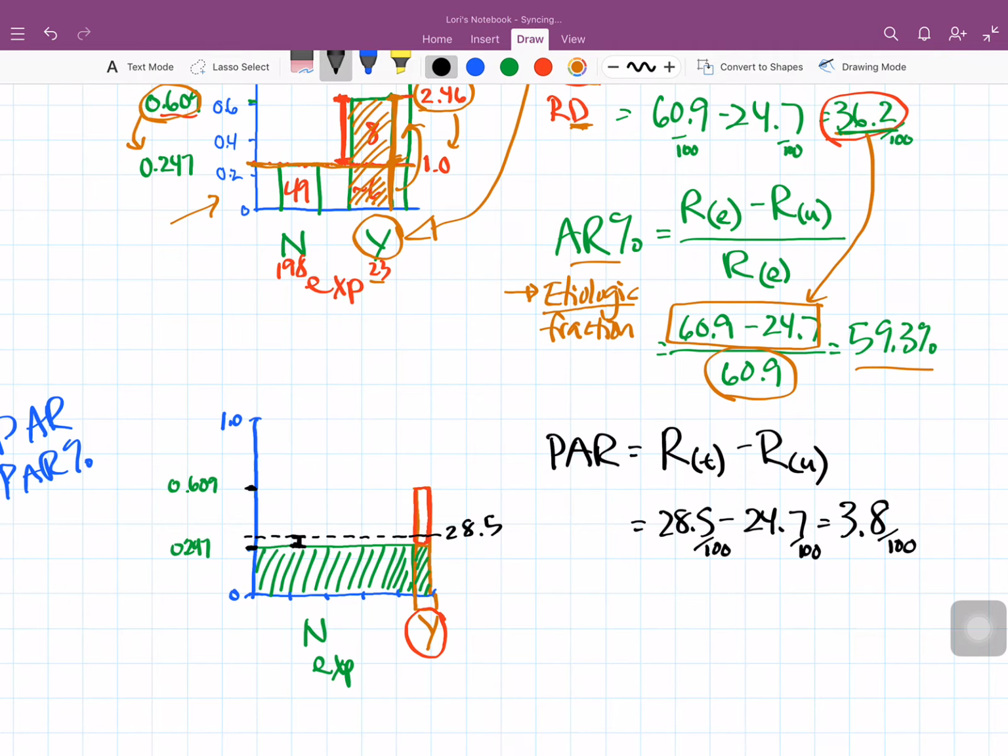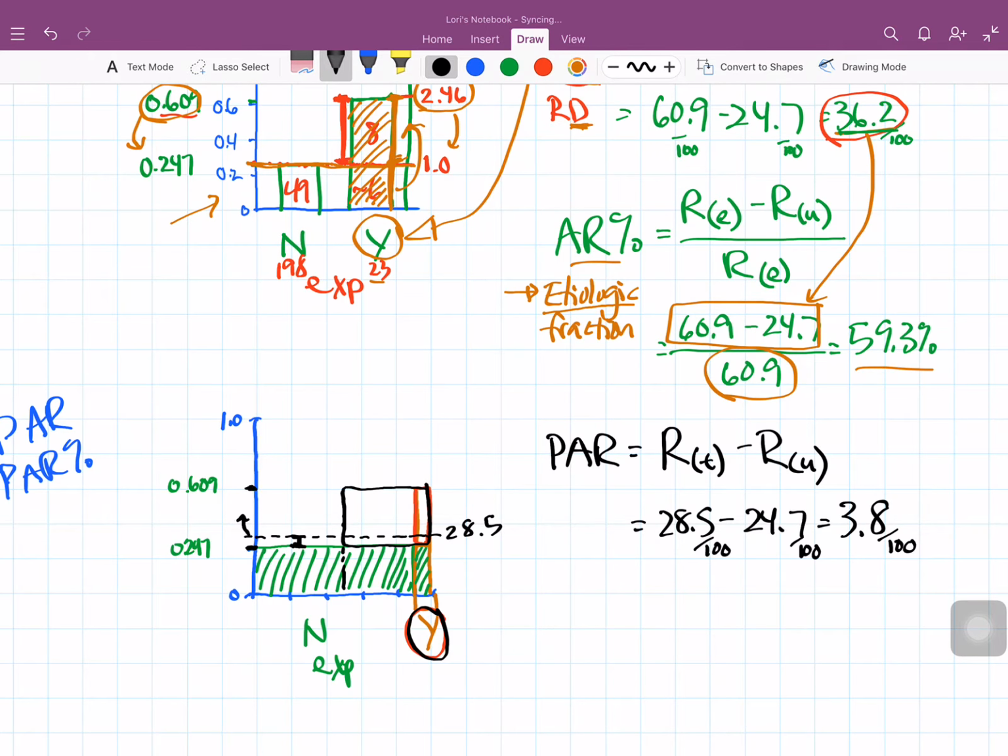Now I hope it doesn't escape you that what if the percent that was a yes was actually closer to, let's say, maybe even half of the population. What that means is that this top box right here would actually grow, and that means that our population risk would go up.